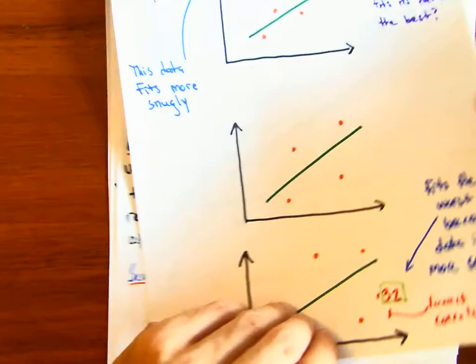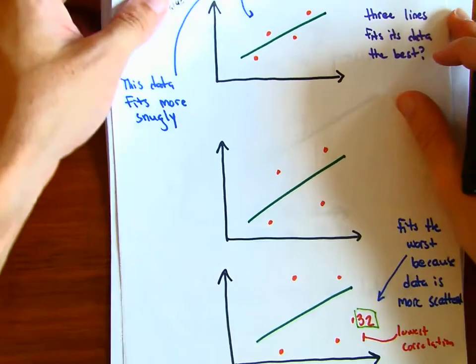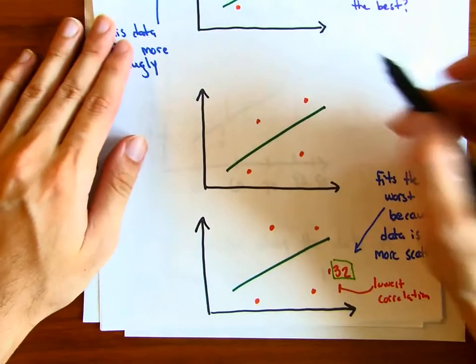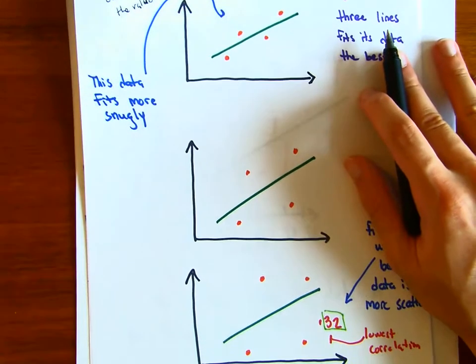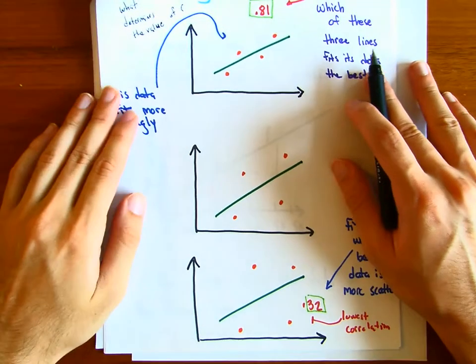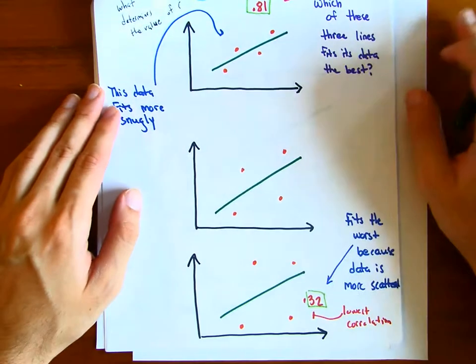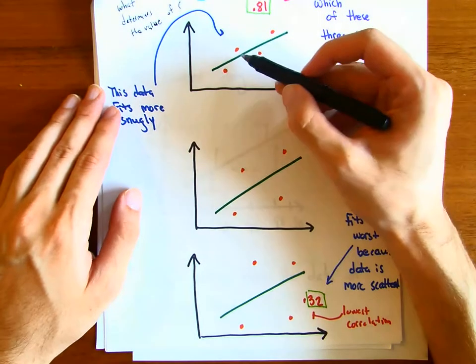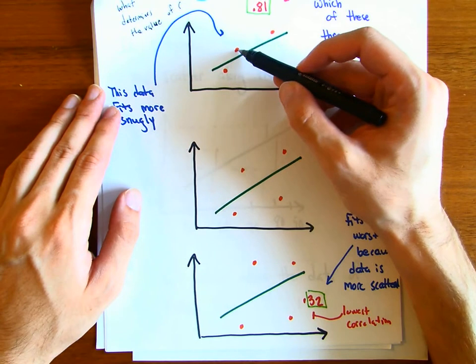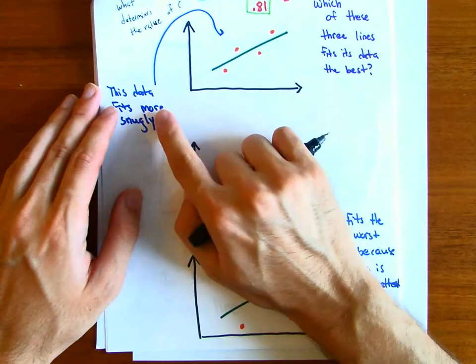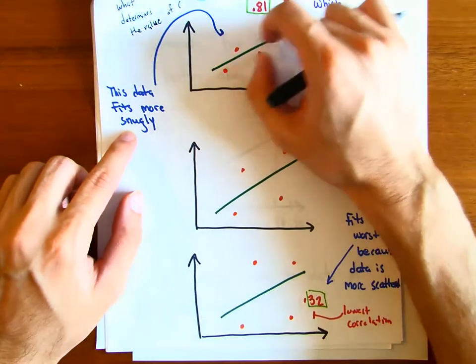Let me go through this example here. Let's take a look at these 3 slopes. Within this line, you see how the data values are very close, or very tight.